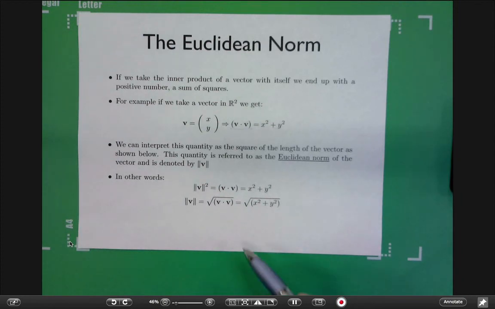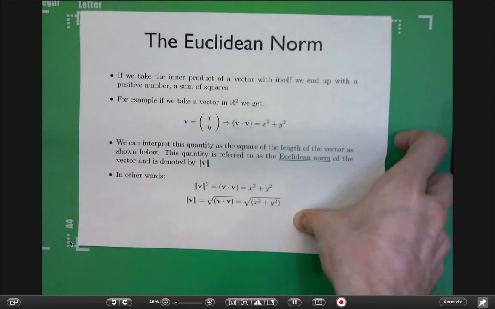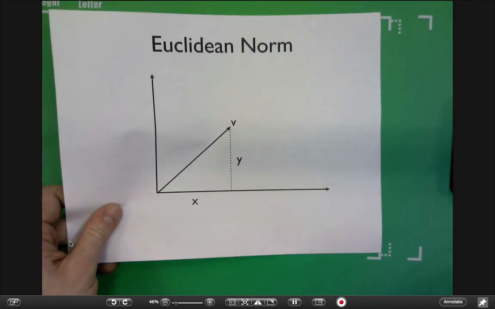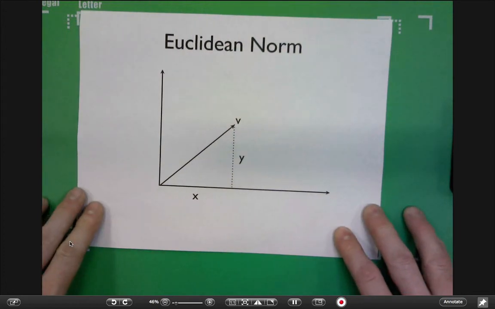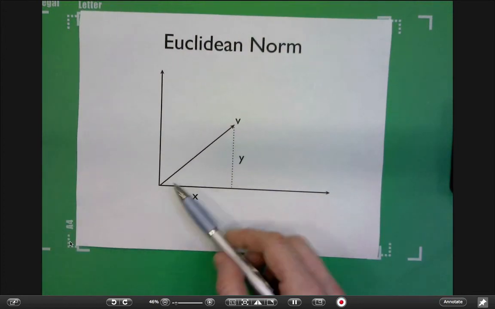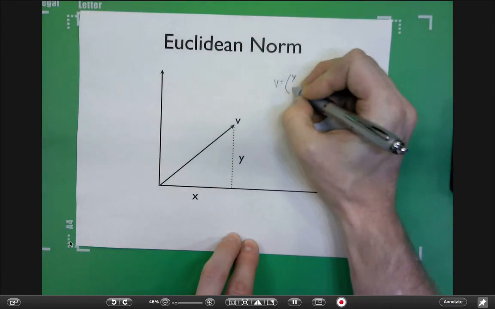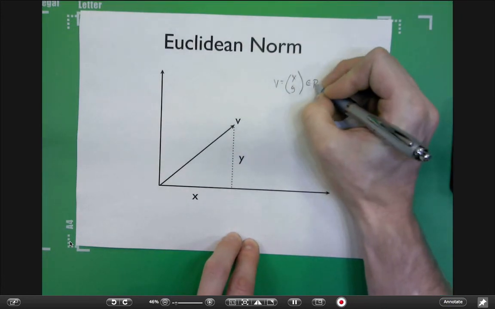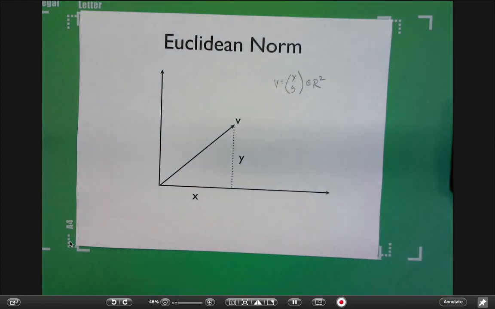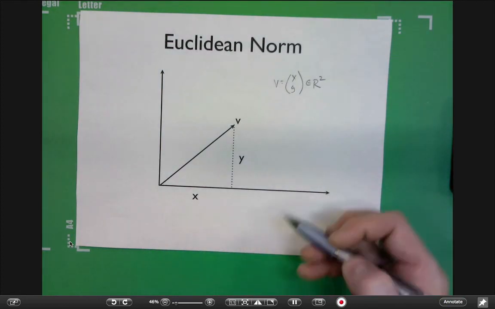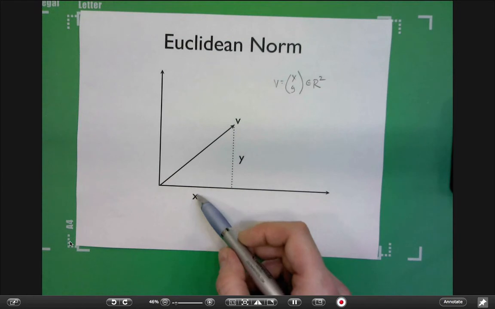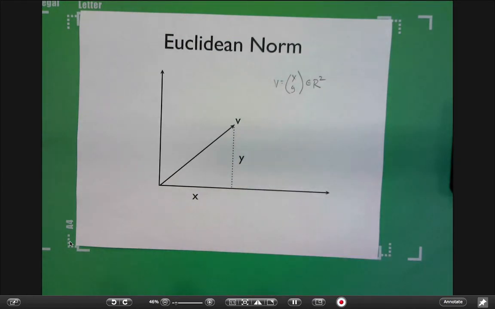This is also called the Euclidean norm. So here is an example: if v has components x and y and is a vector from R2, then its length is the square root of x squared plus y squared.